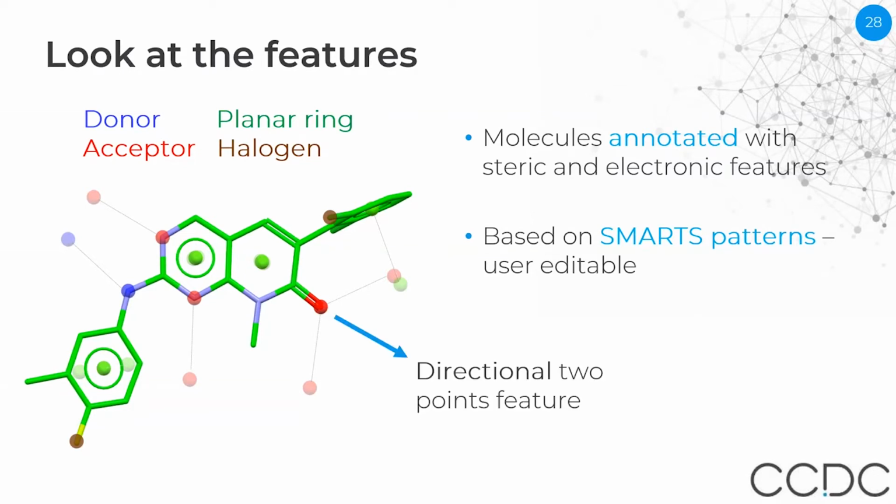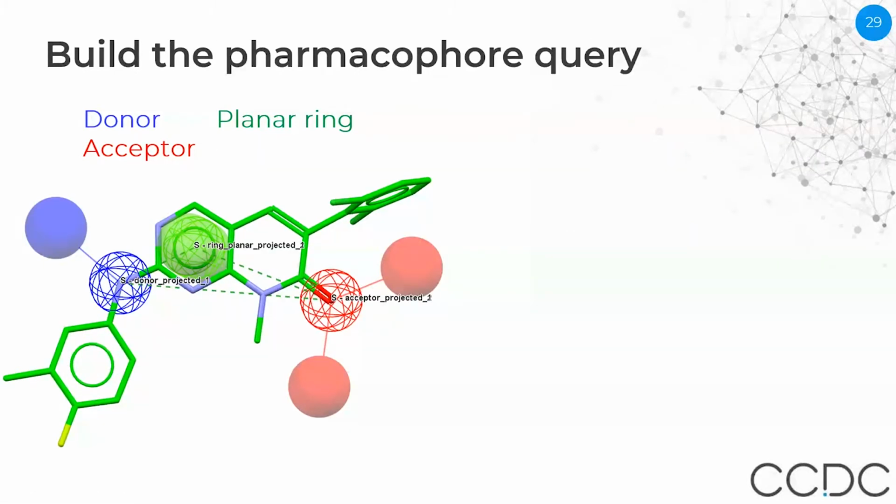Features can also be directional, as acceptor features here in red, and are represented with 2 or 3 small spheres, where the base of the feature is located on the atom, and the directionality is represented by these translucent spheres.